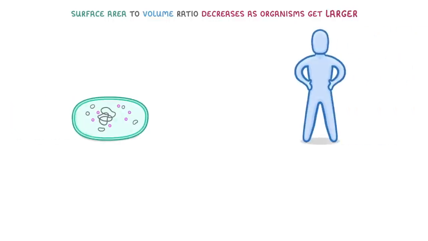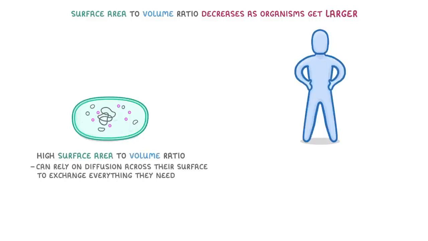So now that you understand why the surface area to volume ratio decreases as organisms get larger, let's apply that knowledge to bacteria and humans. Because bacteria are tiny, they have a really high surface area to volume ratio. And this means that they can rely on diffusion across their surface to exchange everything that they need.